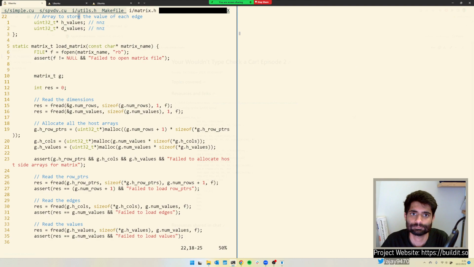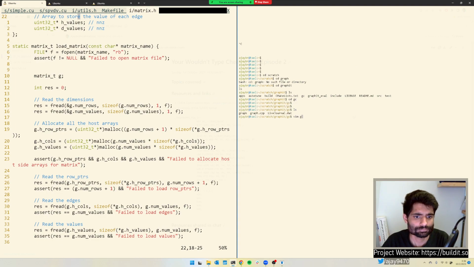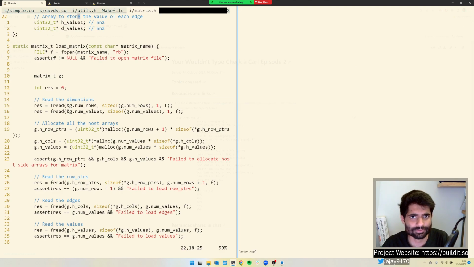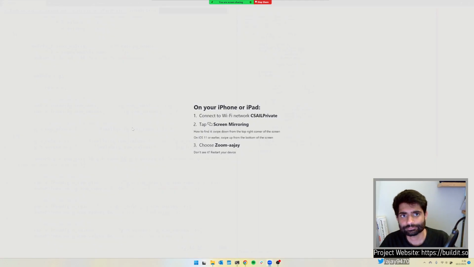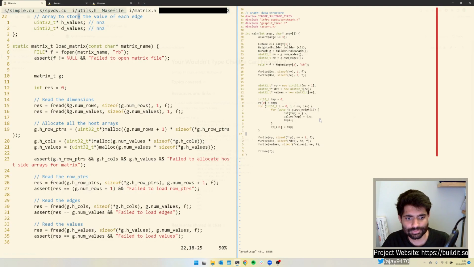I just need to see if I loaded the graph properly before we run any experiments, otherwise we'll have issues. Okay, this looks correct. Stop sharing this.